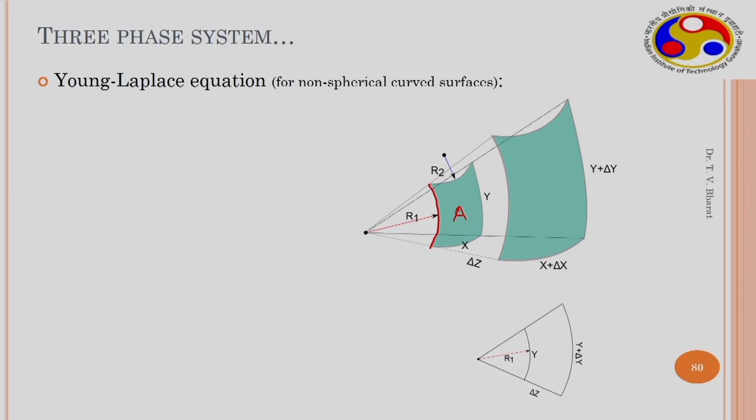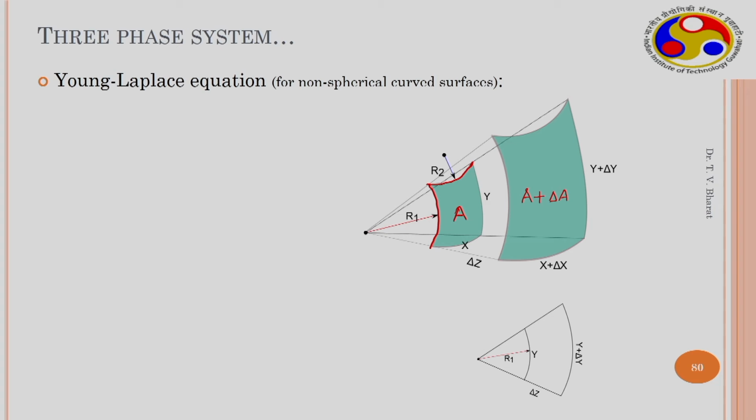You can imagine this as a balloon, of which one small part is considered and which has curvatures in two different directions, R1 and R2. When it is blown, giving extra energy or extra pressure, it would expand, changing its area from A to A plus delta A.